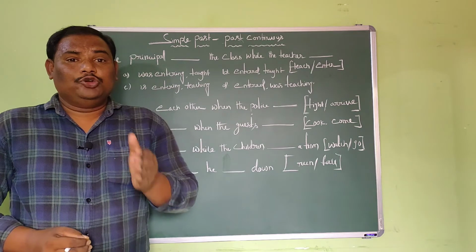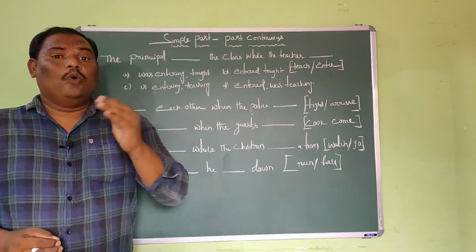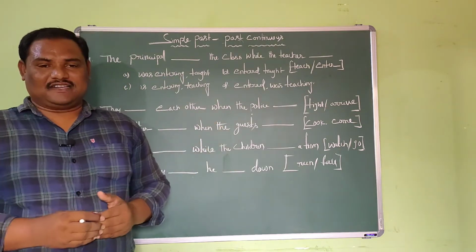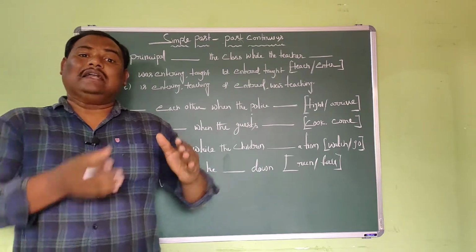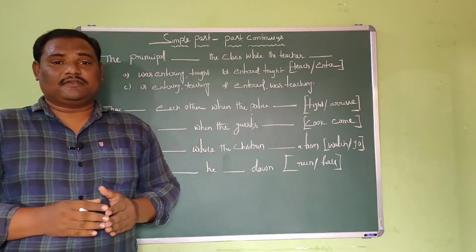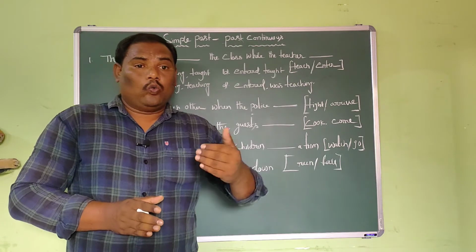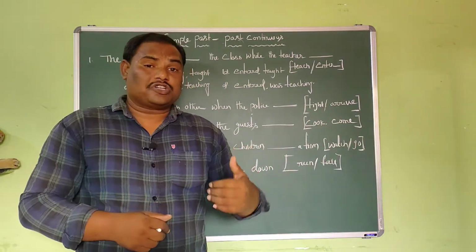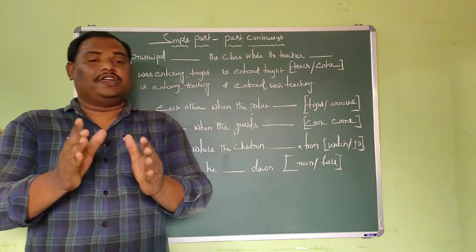The answer you get for the question what happened can be written in simple past tense. The answer you get for the question what was happening can be written in past continuous tense.